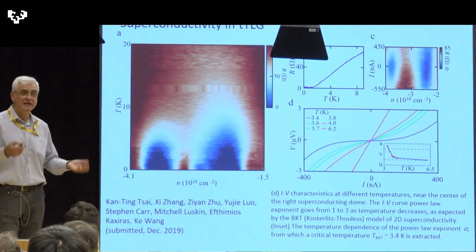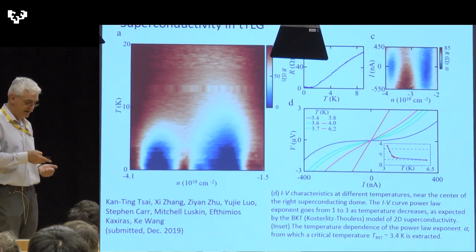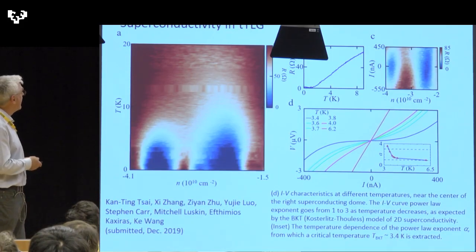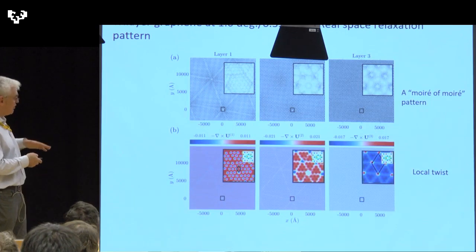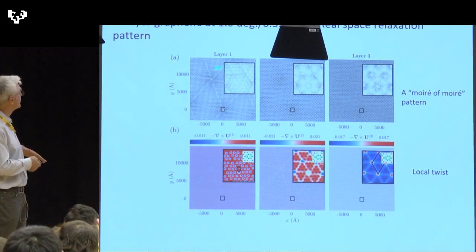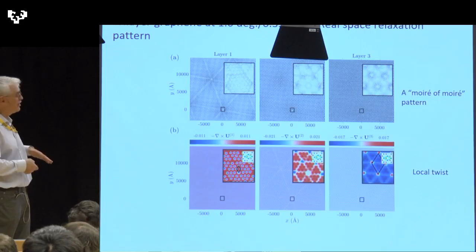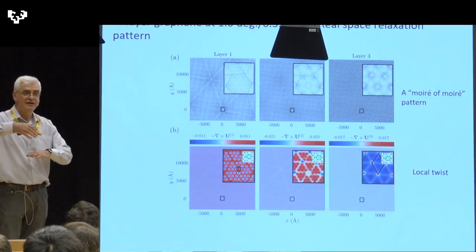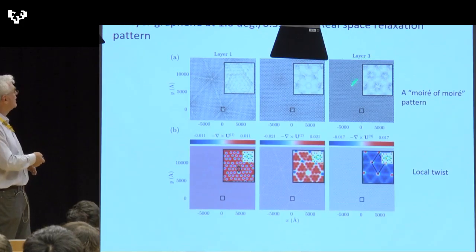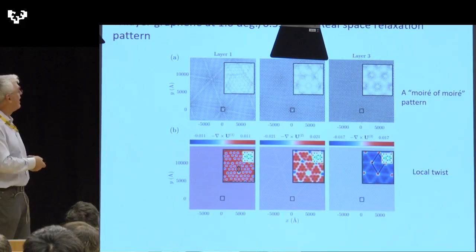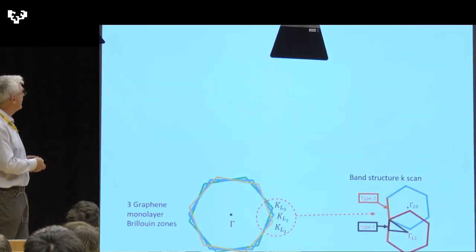This is more than doubling of the original TC. So this is quite exciting, but doing the calculation is very complicated because you see here the pattern in layer 1, the pattern in layer 2, the pattern in layer 3, different patterns superimposed. So we call that a moiré of moiré, and it really gets very complicated.